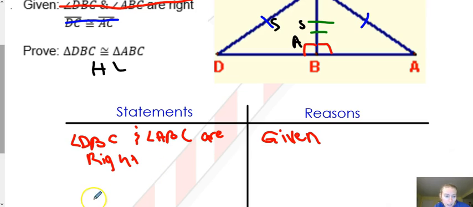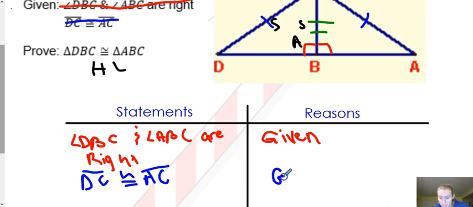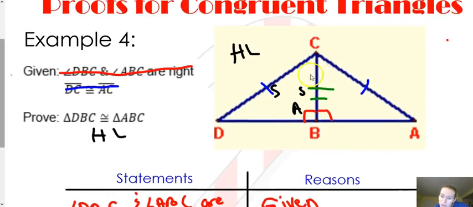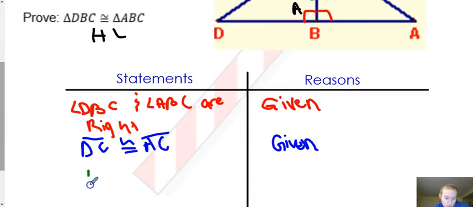And then we had DC is congruent to AC, and that was given. And then we said BC was congruent to BC. And that was the reflexive property.